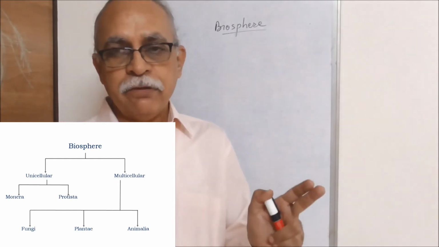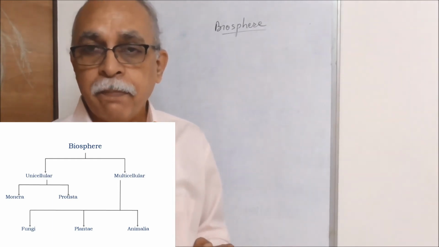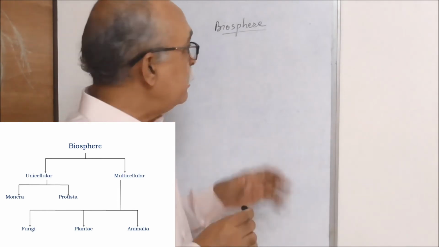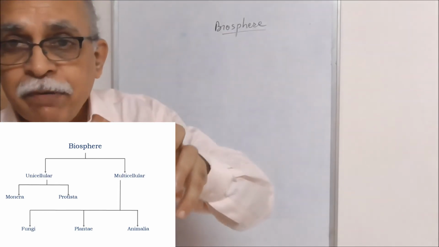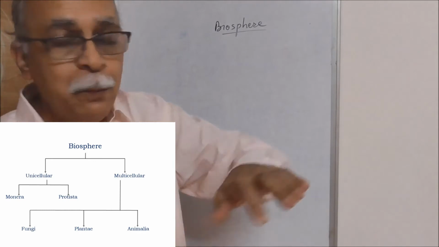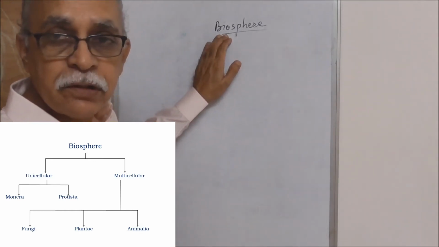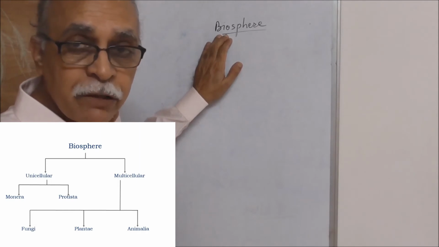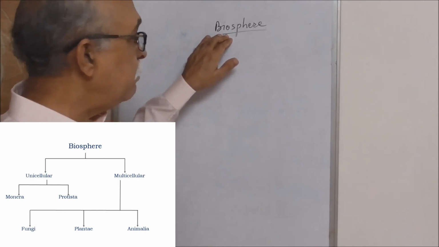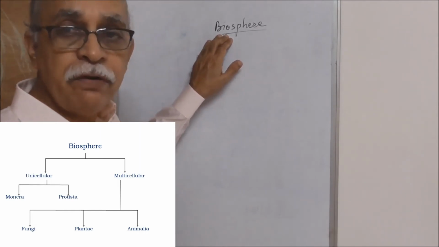Atmosphere, that part of earth occupied by air. Similarly, biosphere stands for that part of earth or this globe which is occupied by bio, meaning life, living organisms. So the part of the sphere, part of the globe, part of the earth occupied by life is biosphere.